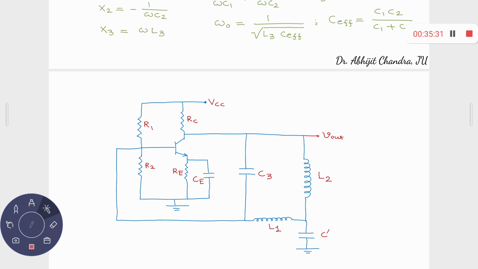This is nothing but your jX2. This is nothing but your X3. This is nothing but your jX1. Now you may ask why this C dash is present. Why is it needed?